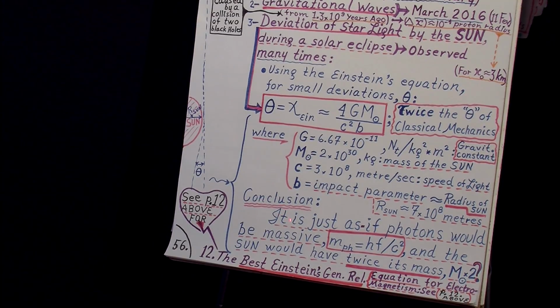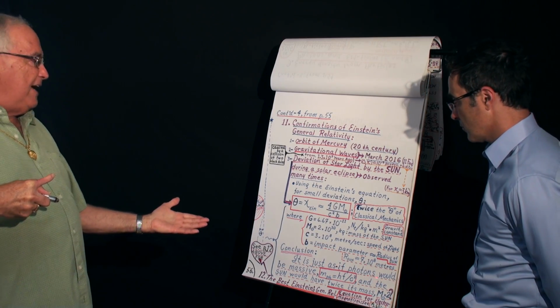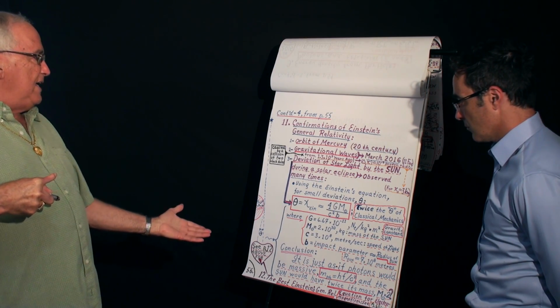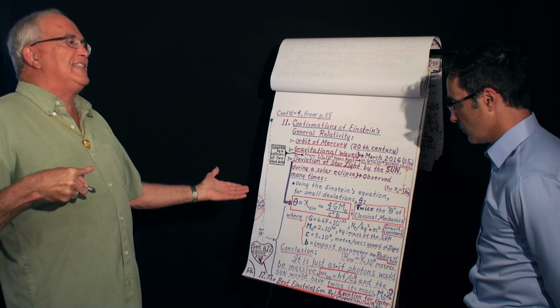So the conclusion is that light is curved around the sun, according to Einstein's general theory, just as if the photon would be massive and the sun would have twice its mass. Because the assumption that I made out of nothing gave sense to that.